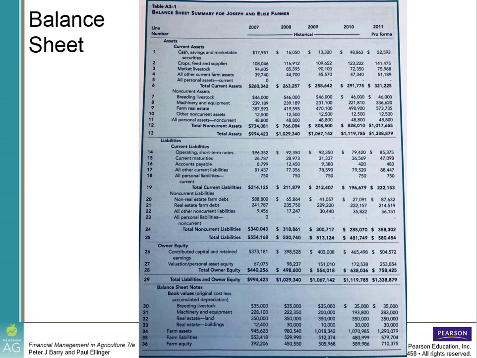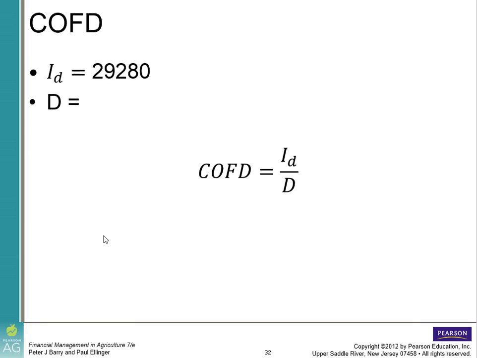Let's go back to the balance sheet real quick. Farm liabilities right over here, 512,374 and then 480,999. The sum of these two numbers divided by 2.